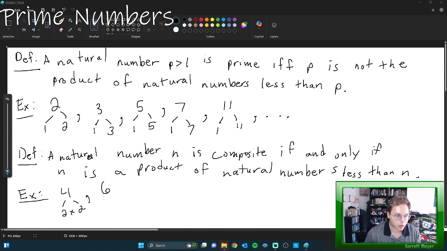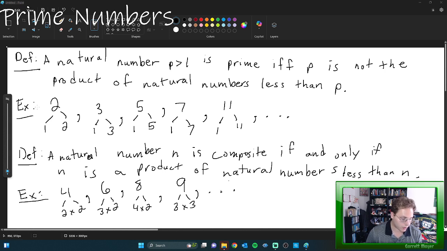Similarly, 6 is the product of 3 and 2. So it's the product of two natural numbers, 3 and 2, that are less than 6. Similarly, you have 8, which is 4 times 2, but not all of these are multiples of 2. So 9, for example, is another one where it's 3 times 3. So it's the product of natural numbers that are less than it. So yeah, all of these would be composite, and this list also continues on forever.